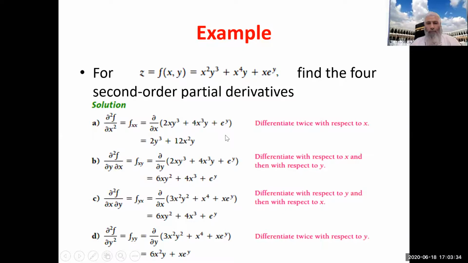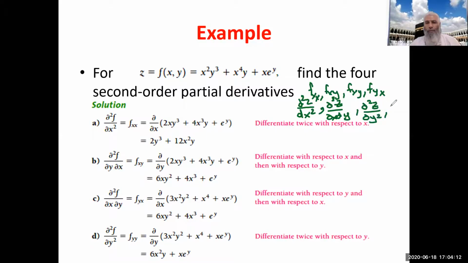Why did they ask for 4? Like, what does 4 mean? We have here four derivatives: f of xx, f of xy, f of yy, and f of yx. This is the second derivative of z with respect to x squared, and the second derivative of z dx dy, and the second derivative of z dy squared, and the second derivative of z dy dx.